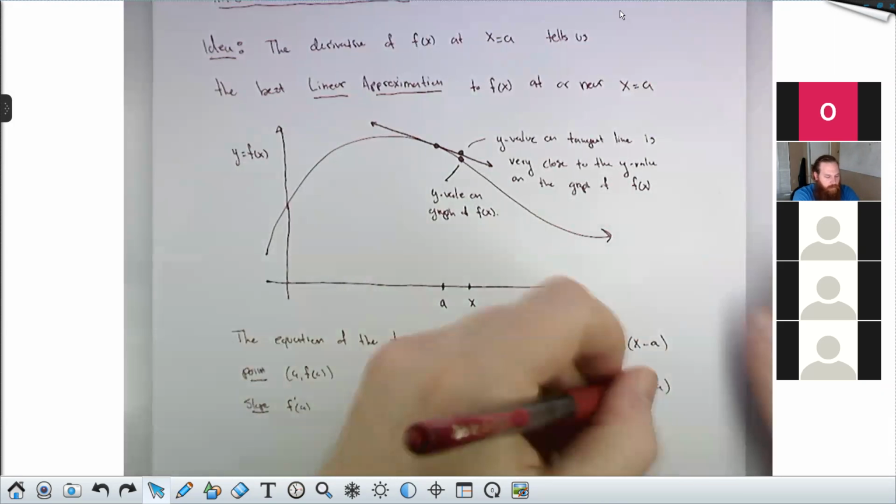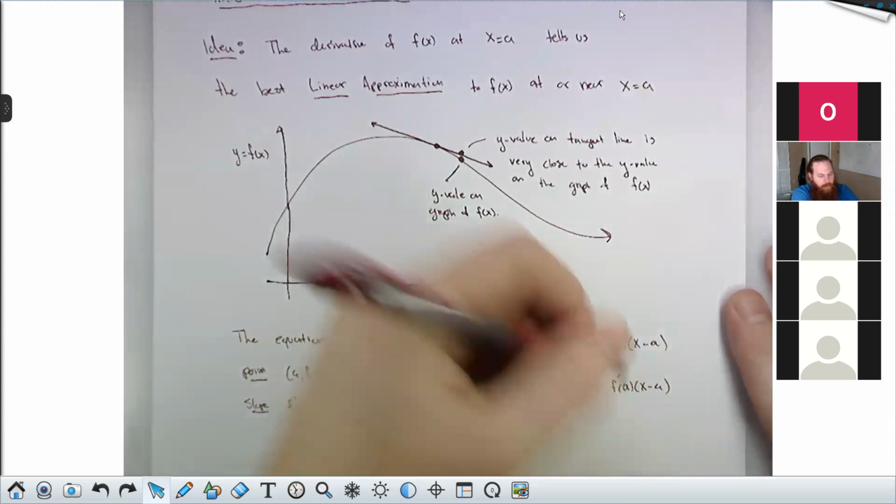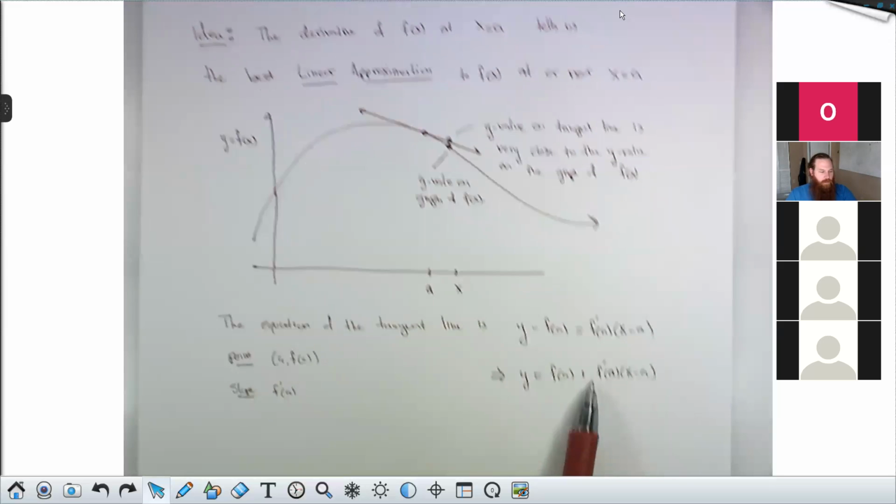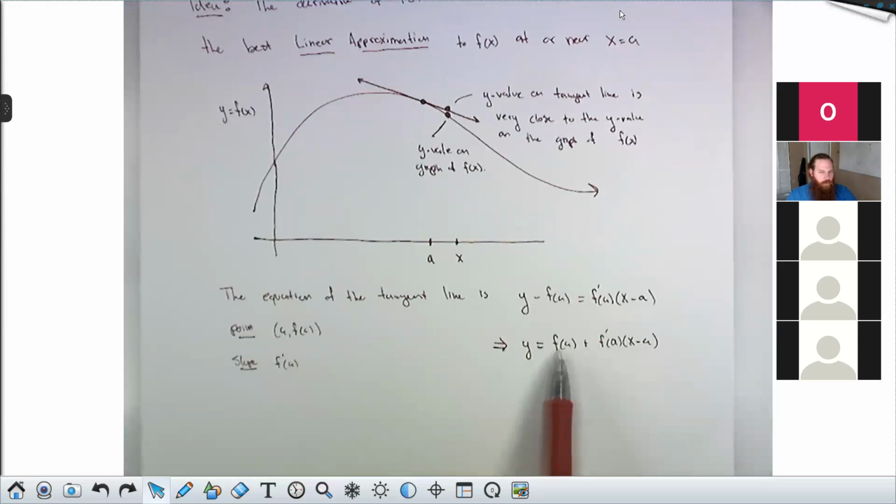Next semester in Calc 2, there will be a moment when I ask you, does this look familiar? These are the first two terms of the power series expansion for the function f of x about x equals a. Now, if you've never heard of power series, don't stress, that's a semester away.